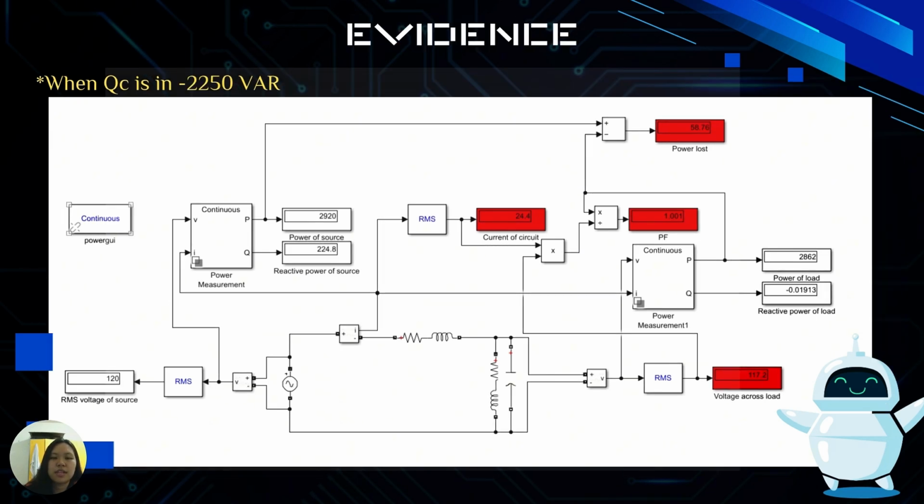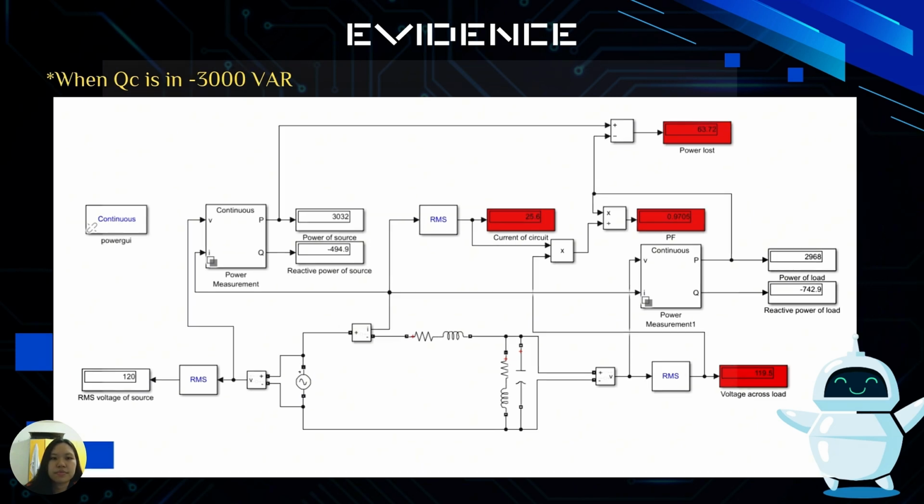And this is when the capacitor is in parallel with the RL series circuit in negative 2250 volt ampere reactive power, and it shows the results at the full compensation level. And finally, this is the capacitor in parallel with the RL series circuit in negative 3000 volt ampere reactive power.